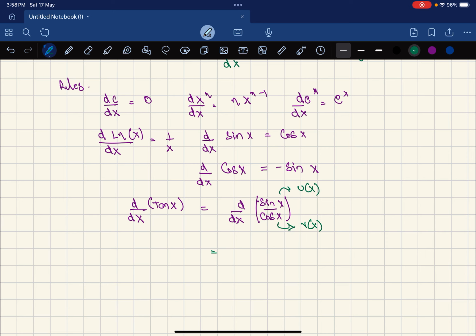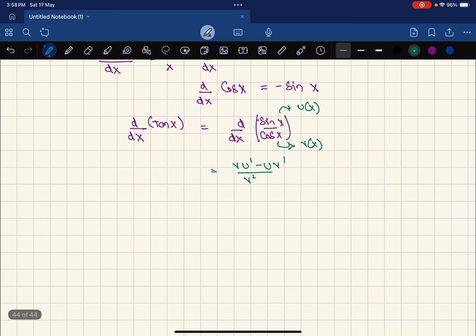The derivative is: we square the denominator, write it as it is, then u'v minus uv'. So we get cos x times cos x, the derivative of sin x is cos x, minus sin x times minus sin x, the derivative of cos x is minus sin x.